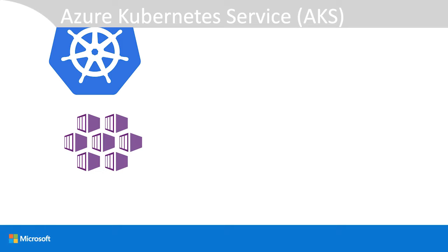So what exactly is Kubernetes? Well, Kubernetes is a container orchestration service, and that means it can monitor your containers to make sure they're always up and running. Kubernetes can also scale and add more containers when it's needed, and then scale back in when additional containers aren't needed.